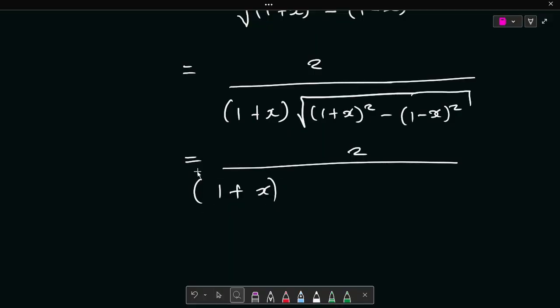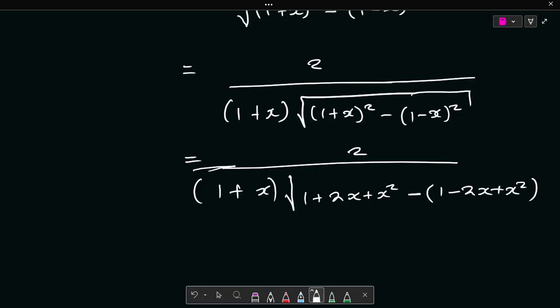If you expand what is inside the square root, you have 1 plus 2x plus x squared minus 1 minus 2x plus x squared. Okay, that's what you're going to have.